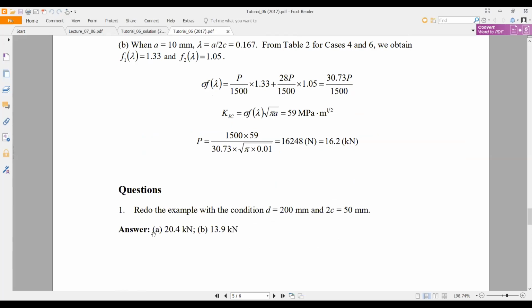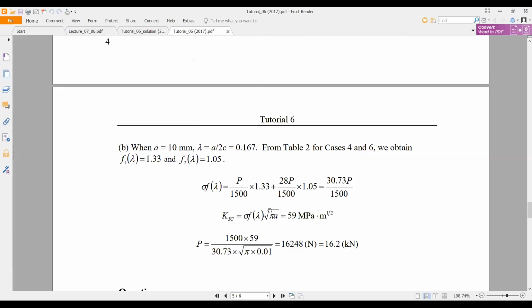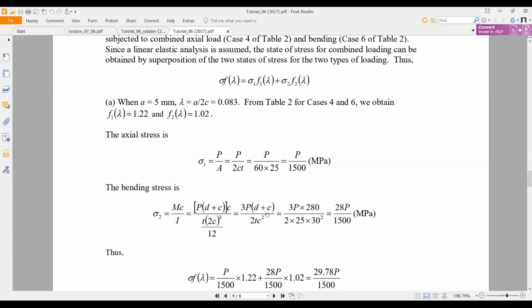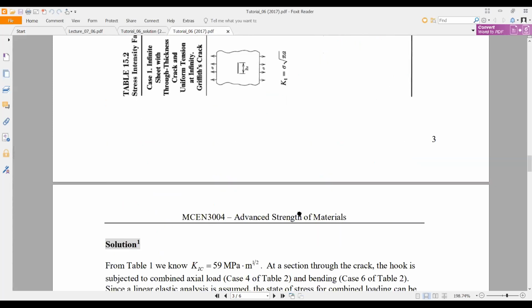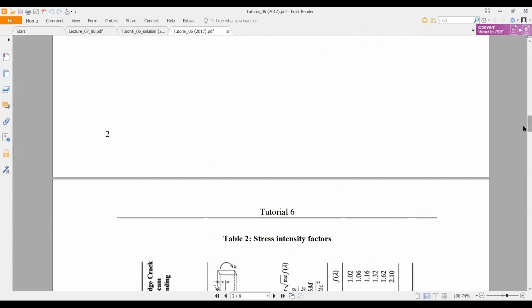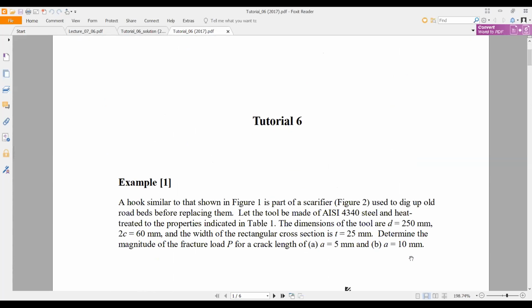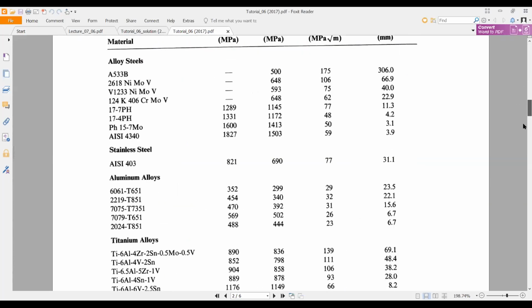So that's how we can find out the load value. There is another question, the same question. You need to redo the example with the condition D when it's 200 millimeter. Earlier the D value was, as I remember, 250. Now it is 200.